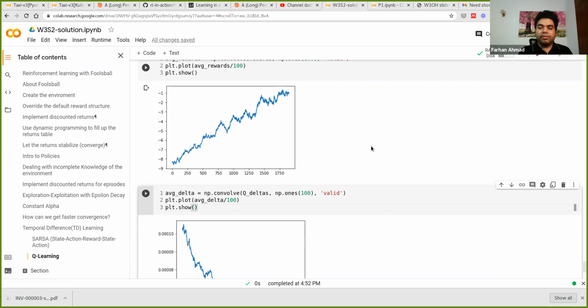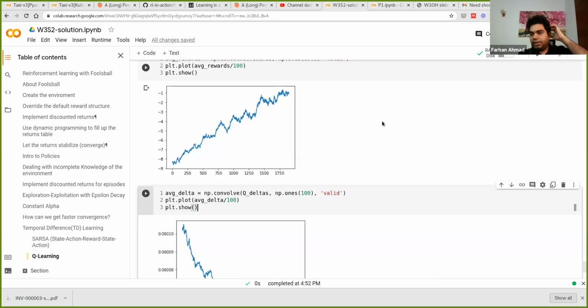Maybe with a larger value of alpha, 2000 episodes is too much because your graph just rises very quickly and then it saturates. Or maybe this has already saturated, but the value you're getting on the y-axis is very low, which means the algorithm is not able to learn anything new. Then you have to think about what to change. Should you increase the amount of randomness so the algorithm keeps changing?